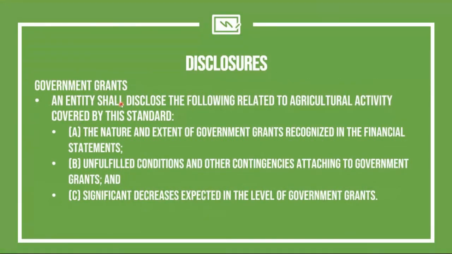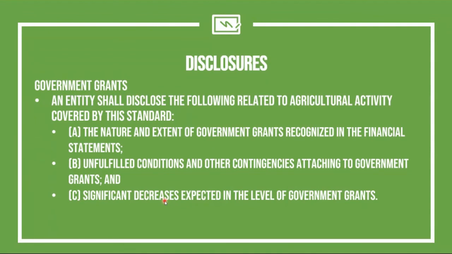Now, in the case of government grants, an entity shall disclose the following related to agricultural activity covered by the standard. So the nature and extent of the government grant, the unfulfilled conditions and other contingencies, and the significant decrease expected in the level of government grants. Because generally, if the grant is conditional, it is possible that while you are fulfilling the condition, the value of the government grant can also decrease from that particular time.